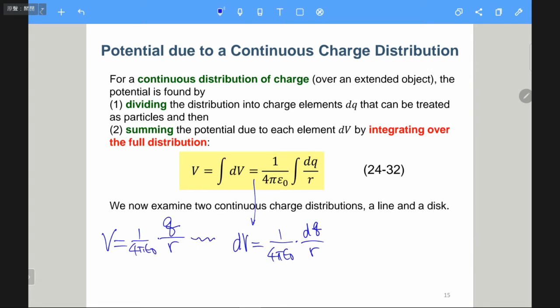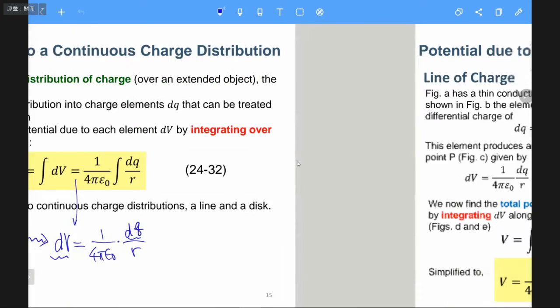So for a small charge, it generates a small potential, and then we just add them together. So we plug this into here, and 1/4 pi epsilon naught is a constant, so it simply looks like this.